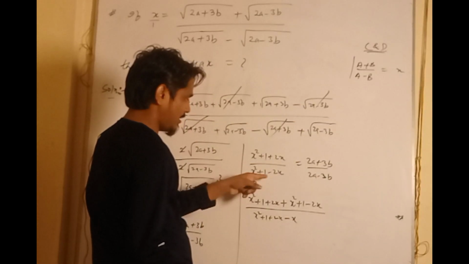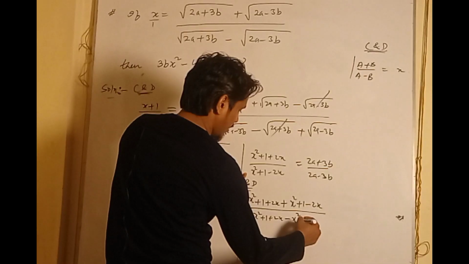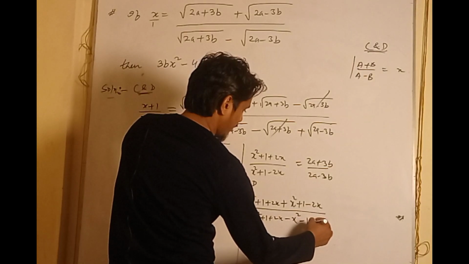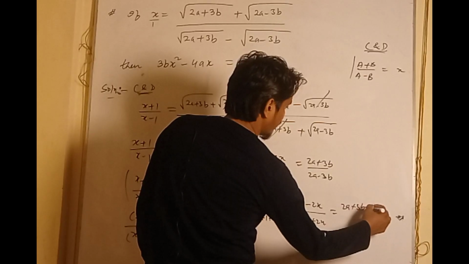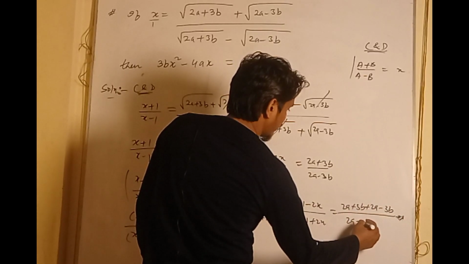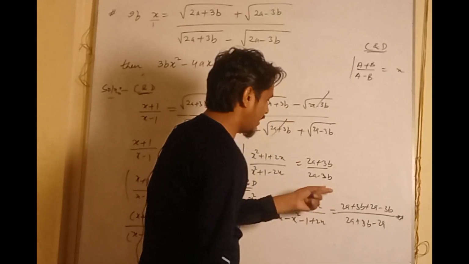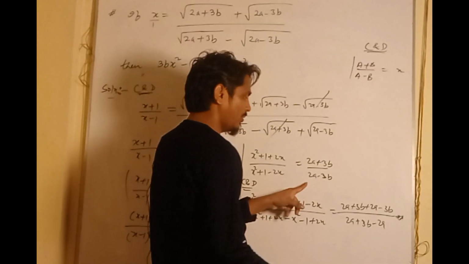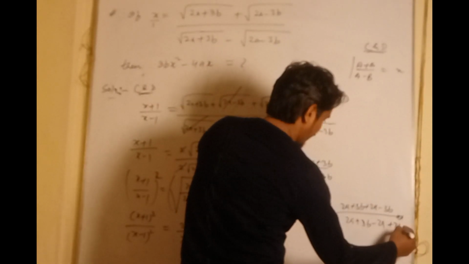minus of this. So just change the sign of these expressions and write down minus x square minus 1 plus 2x is equal to 2a plus 3b plus 2a minus 3b over 2a plus 3b minus of 2a minus 3b, just the negative of this denominator. So minus 2a plus 3b.